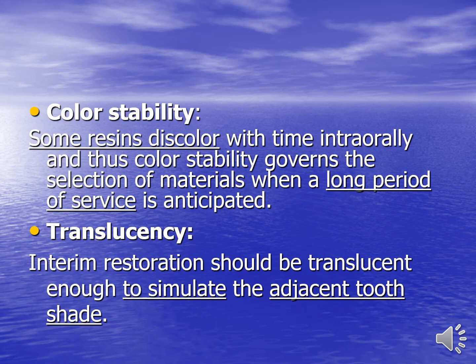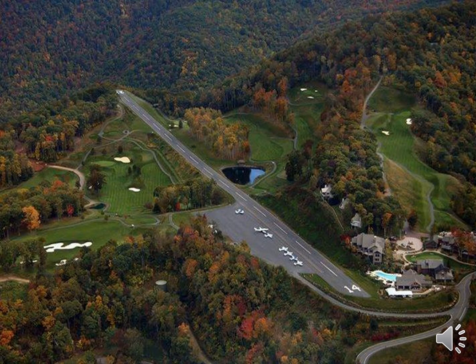Then its translucency is most important. It should be translucent enough to simulate the adjacent tooth shape. With this, we came to the end of this lecture 1 related to interim restoration.